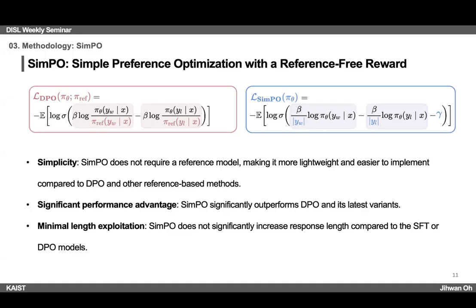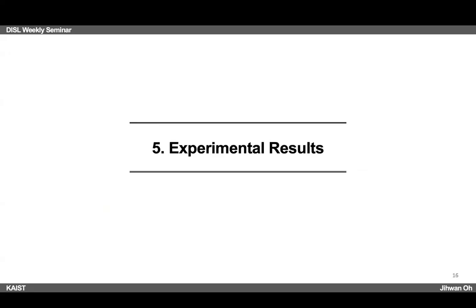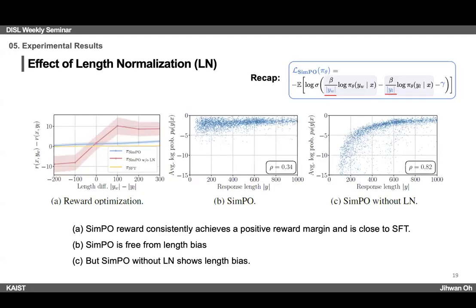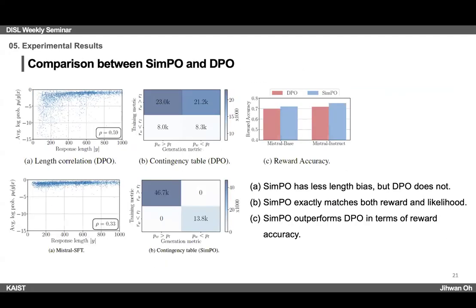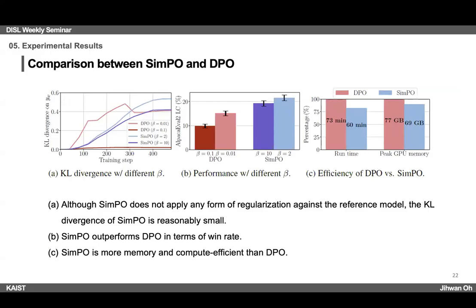Right. They experimented on the KL divergence for DPO and SimPO. As you can see in the figure, SimPO shows a larger KL divergence than DPO, but they argue that there is no significant difference, so it is a reasonably larger KL divergence.